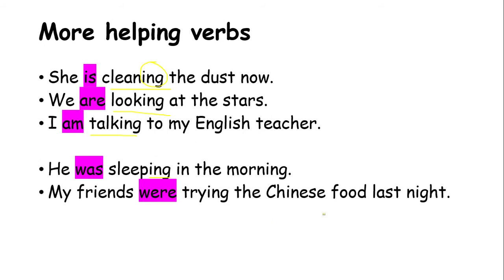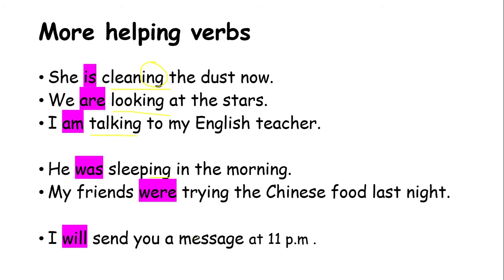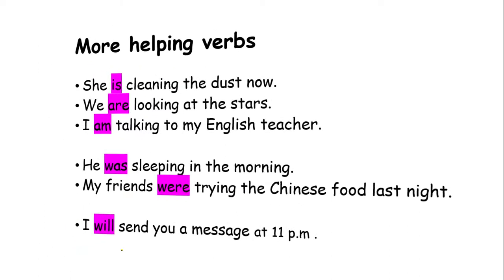I will send you a message at 11 p.m. and actually now it's 12, but it's 12 in the morning, so it will happen in the future. Will send. When we use will in a sentence, we don't need to change the verb. Keep the verb as it is, with no adding at the end.